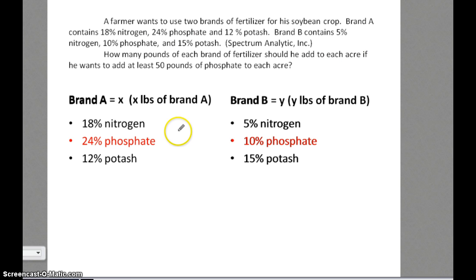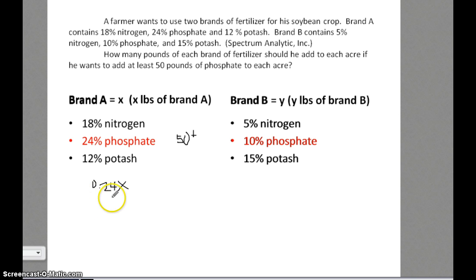So we're going to focus in on the phosphate in order to write my equation. We see that the particular farmer would like 50 plus pounds, so 50 plus pounds of the phosphate. However many pounds of brand A we use, it's not all phosphate. It's only 24% phosphate. So I'm going to change 24% to a decimal, 0.24, and multiply that times x, because the word "of" usually means multiply.